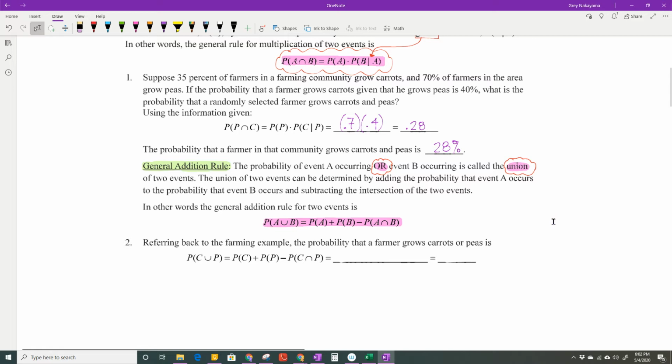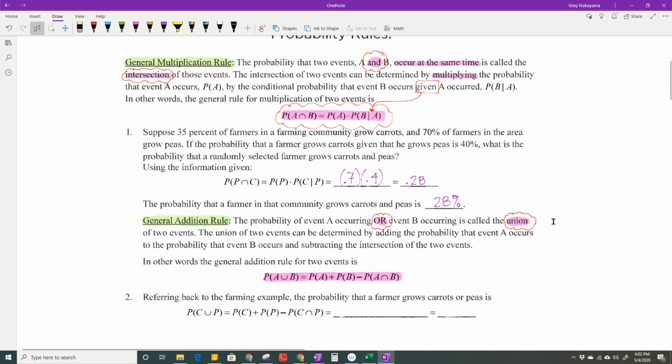So if we go back to that same problem, okay, what's the probability of a farmer growing carrots or peas? This is our symbol for or. So the probability of carrots or peas is the probability of carrots plus the probability of peas minus the probability of carrots and peas.